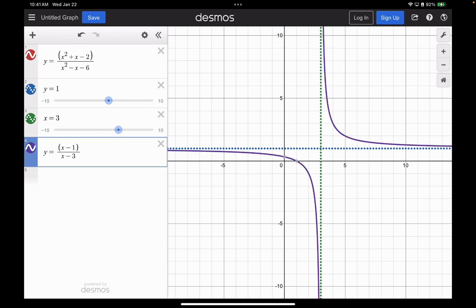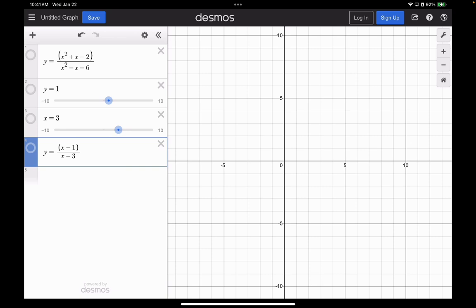Are we supposed to be able to look at the original one and know what it should look like? So no. When you look at the original equation, the unfactored version, you can get the horizontal and vertical asymptotes out of it. So that's what we have so far.